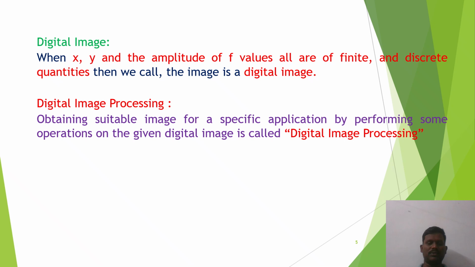When we perform operations on the input digital image to get a required output image, we call that image processing. Since the input is a digital image, we call it digital image processing.